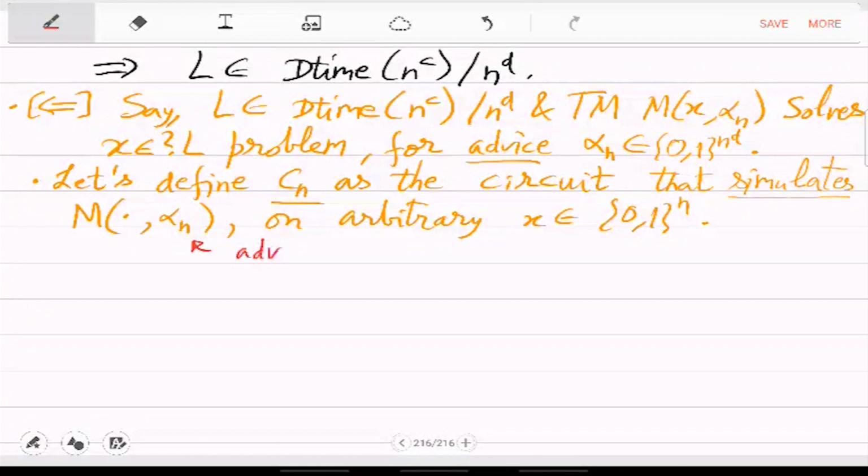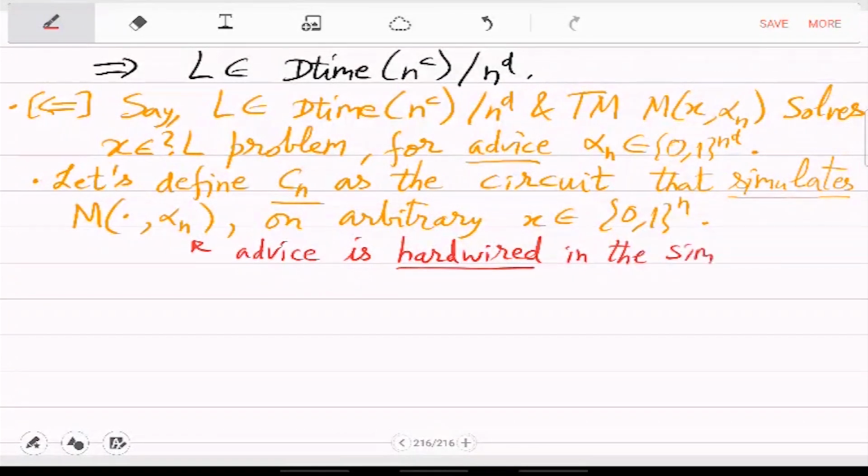This advice is hardwired in the simulation, and then it can decide for all these inputs of the fixed length n.